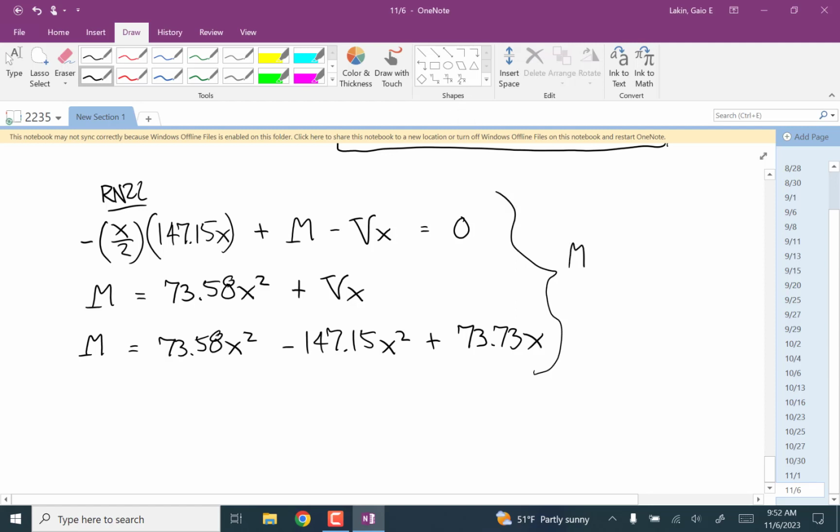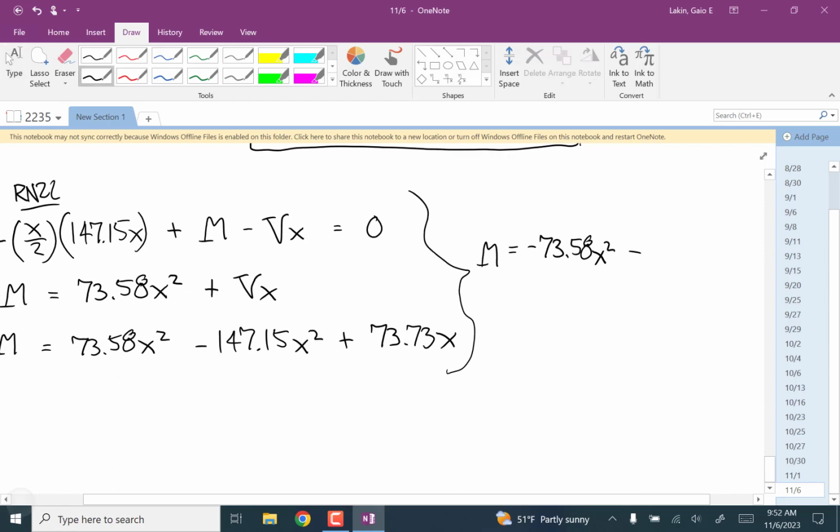And so m is equal to negative 73.58 x squared plus 73.73x.